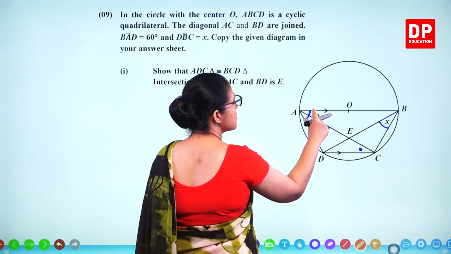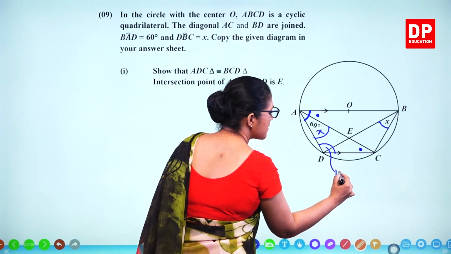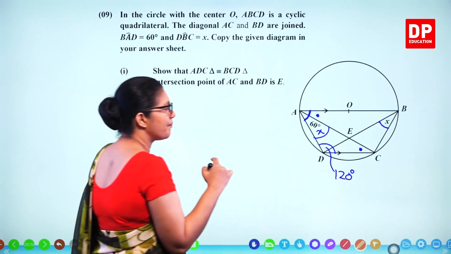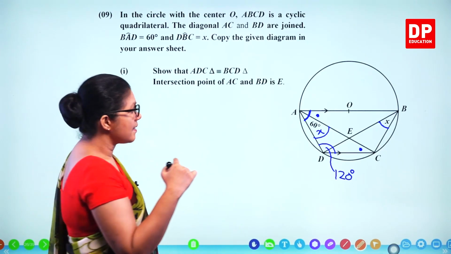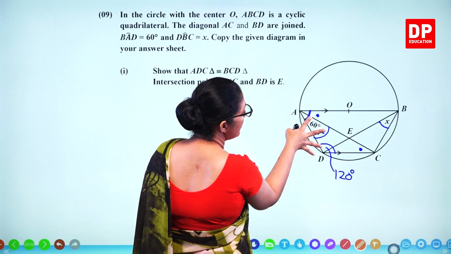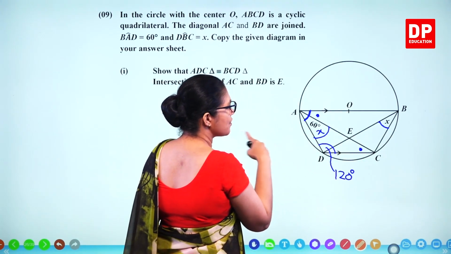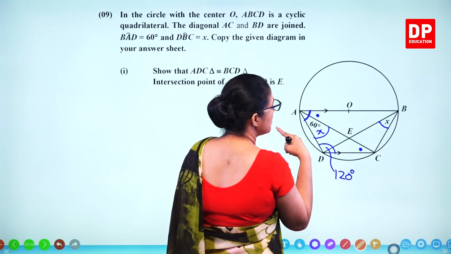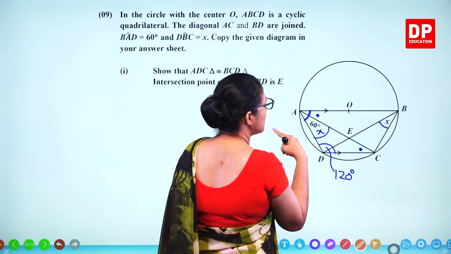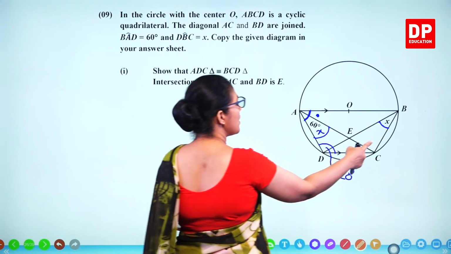This is 60, so what is this angle? 180 minus 60, 120 degrees. Allied angles add up to 180. And what else can we say? This is a cyclic quadrilateral. And this should be 120 as well.